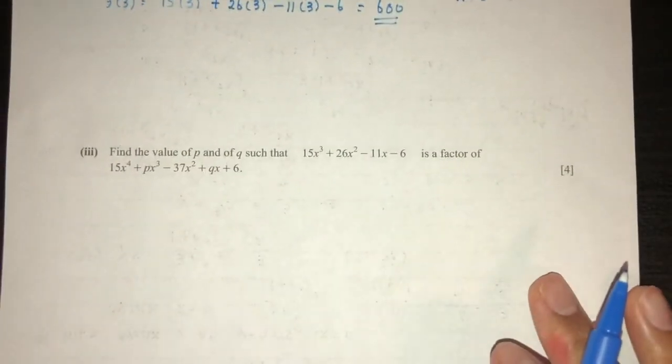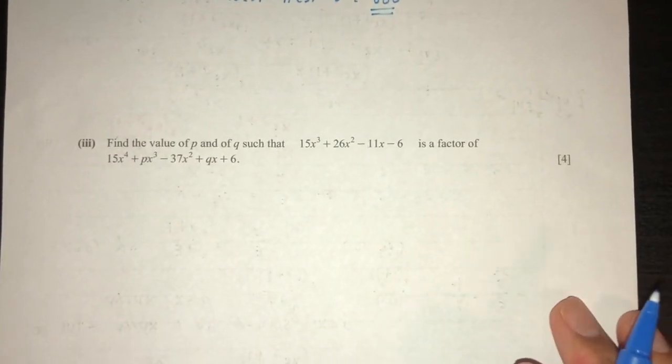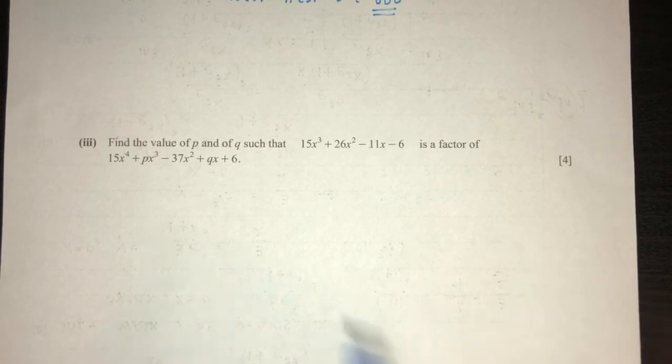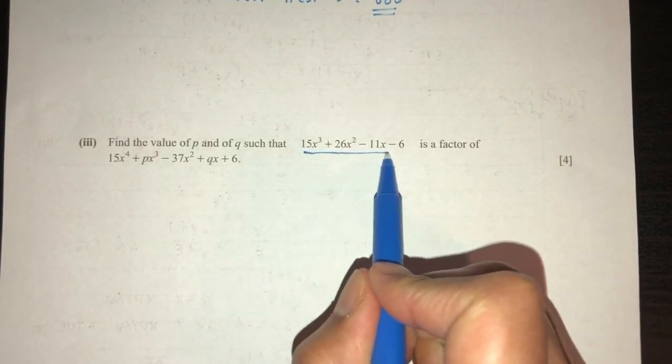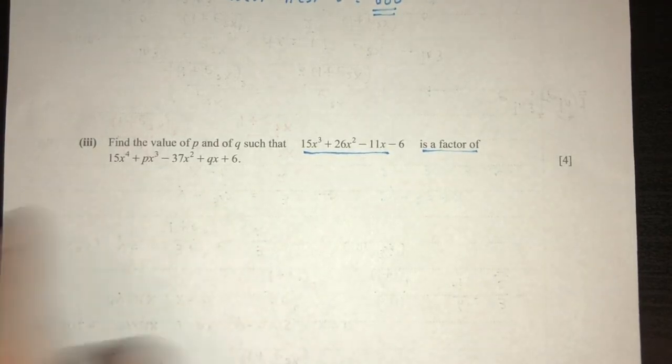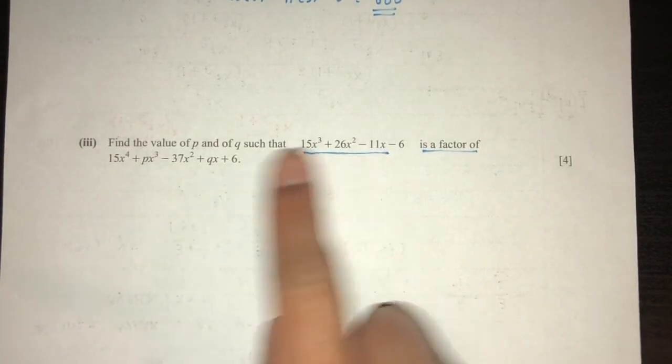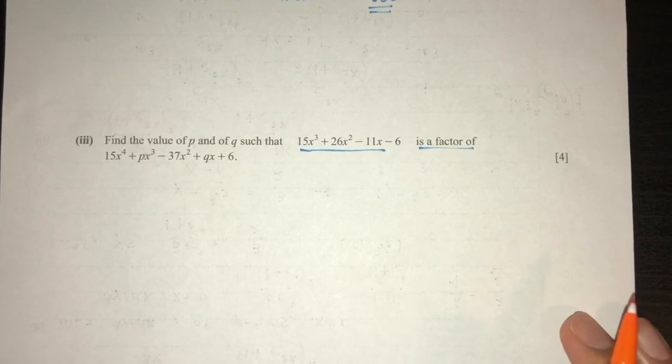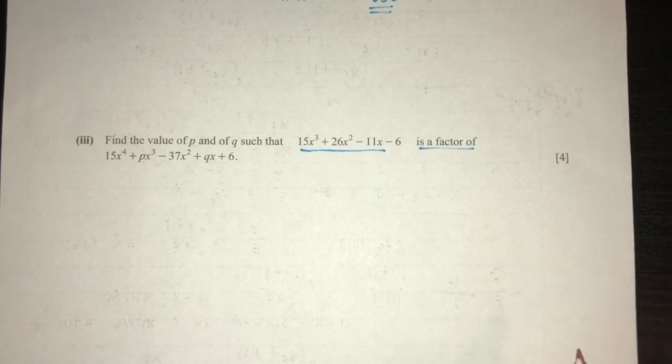Now for part number 3, find the values of p and q such that this is a factor of this. So let's try, because we know this can be divided by this. We can try a few things. We can try to use long division if you want to. Let's try that, why not?